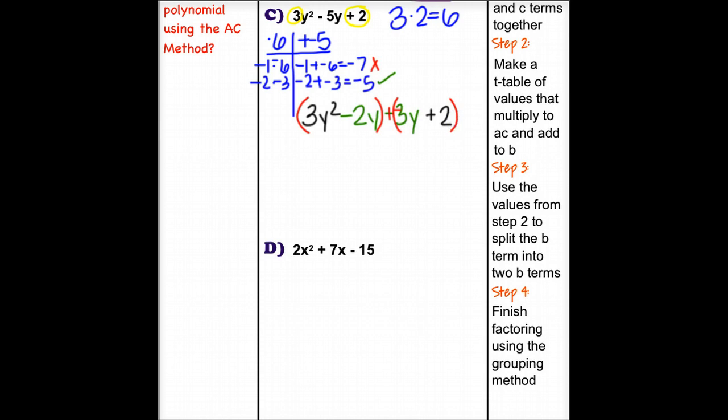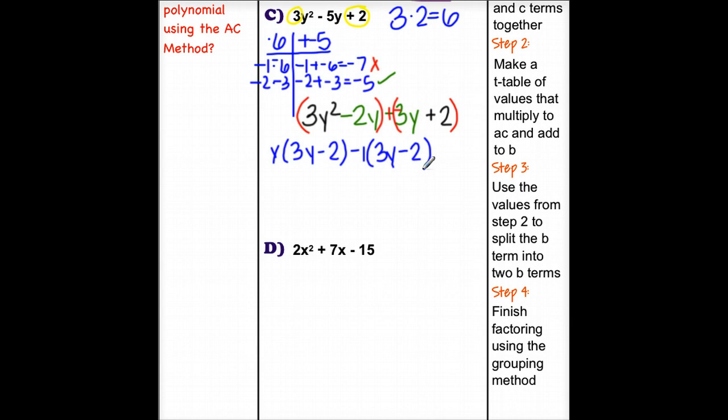And when I factor out what's in common, 3y squared minus 2y has a y in common, leaving me with 3y minus 2. And I want to factor out a negative 1 because we want to get this 3y to be positive and the 2 to be negative.